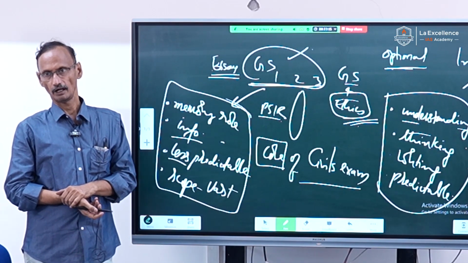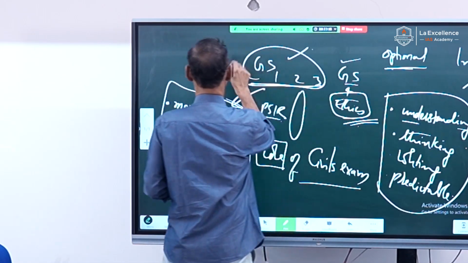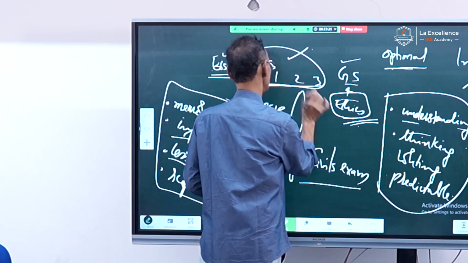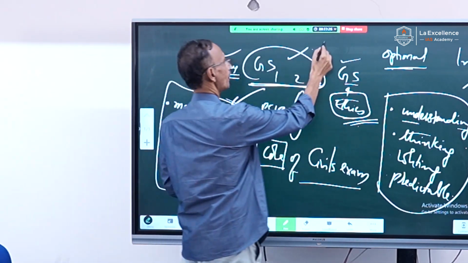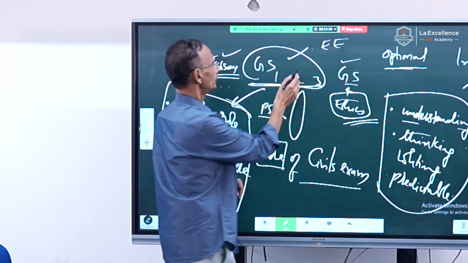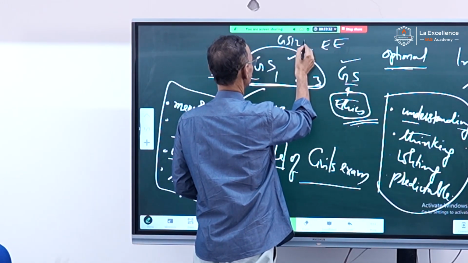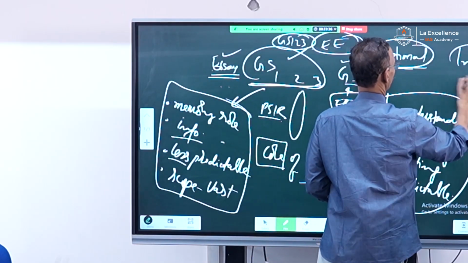Okay. And on that criteria, I will put GS 4 and essay as much easier than GS 1 to 3. I call it ethics and essay. So I divide the entire examination into GS 1 to 3, ethics and essay, optional and interview.